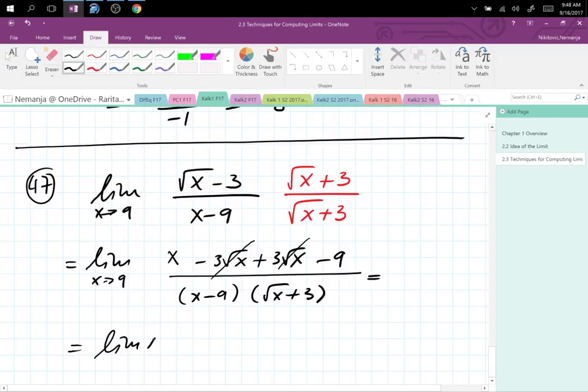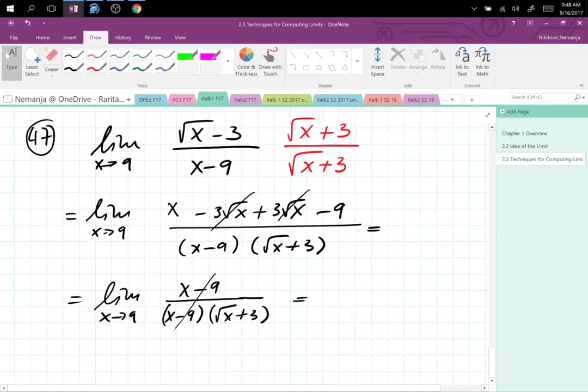So we have limit as x goes to 9, we have x minus 9 and then x minus 9 in the denominator with a square root of x plus 3. So these cancel, and then we get 1 over 6.